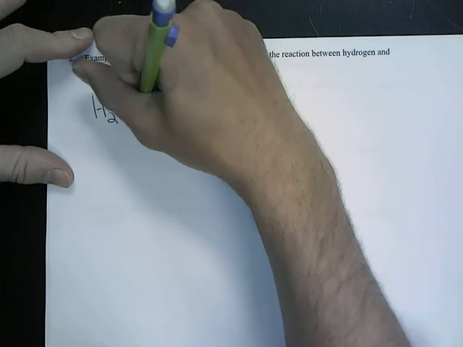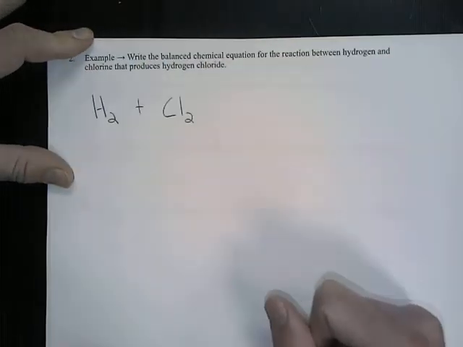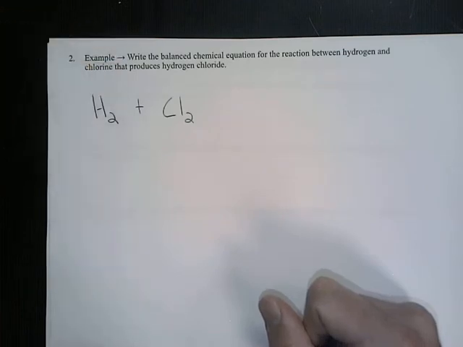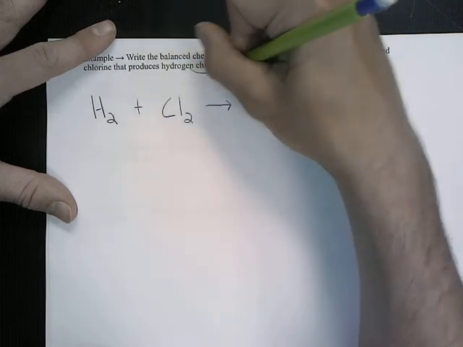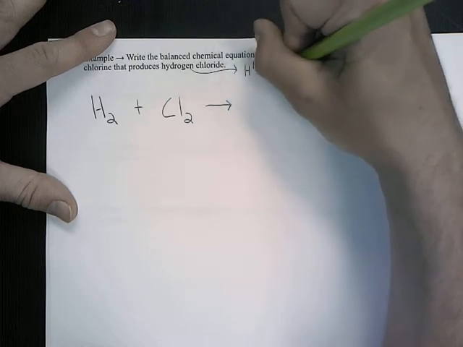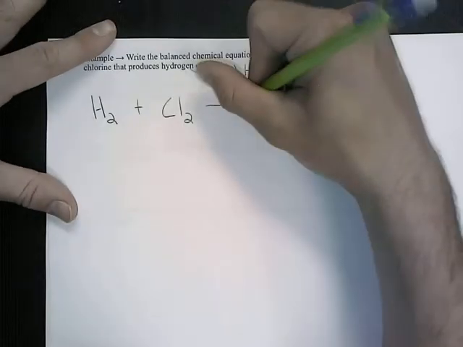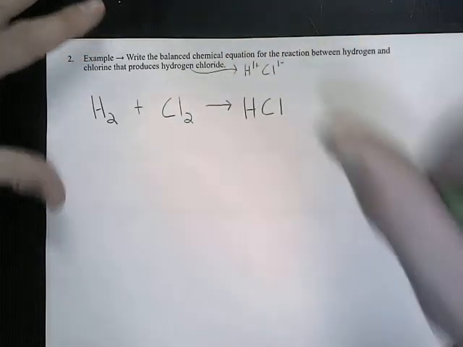Symbol for chlorine, Cl, but it can't just be Cl by itself. It's diatomic, so it has to be Cl2. This produces hydrogen chloride. Hydrogen chloride is a compound. We have to worry about charges. It's H1 plus and Cl1 minus. That would form HCl. Now, this is not balanced.